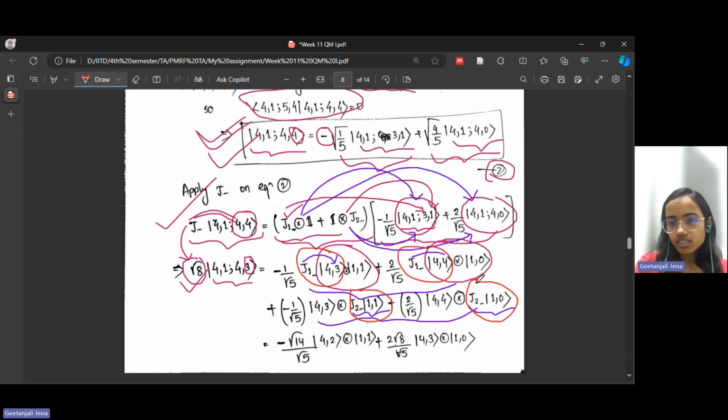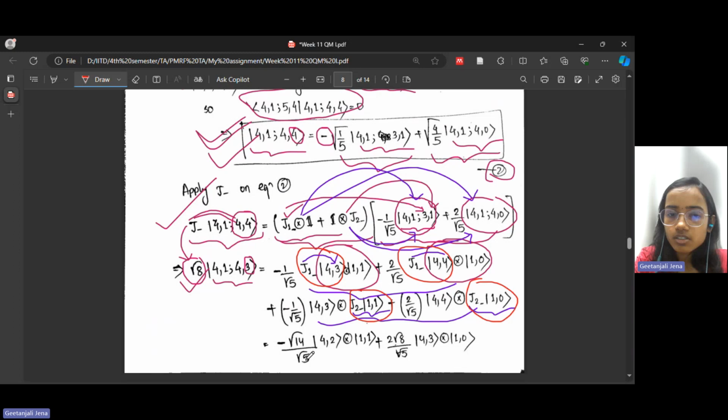So this one is similar to the others. You have to use the expression: when J1 minus acts on J1 M1, it gives root of J1 into J1 plus 1 minus M1 into M1 minus 1, and the value of M gets lowered by 1.